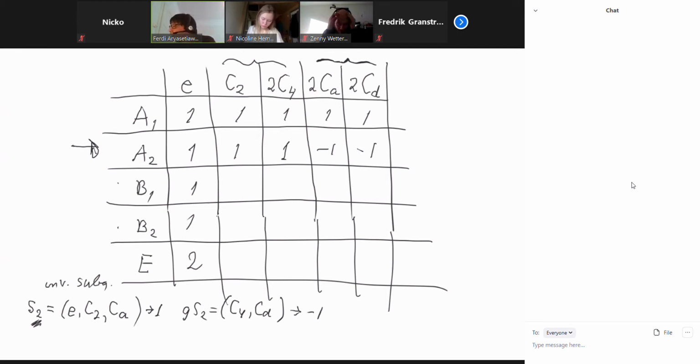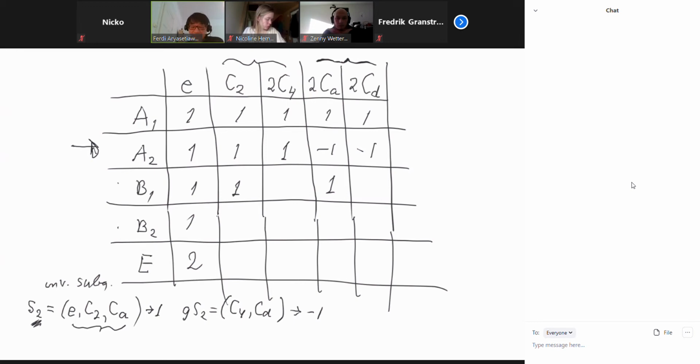What do I have here? So now C2 is 1, and the CA is also 1, because C2 and CA are now associated with 1.